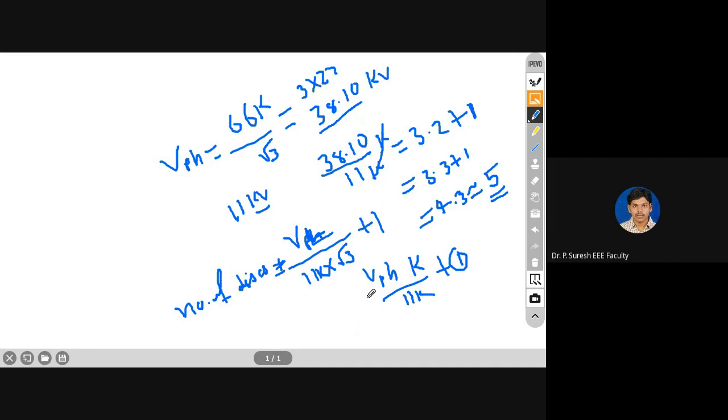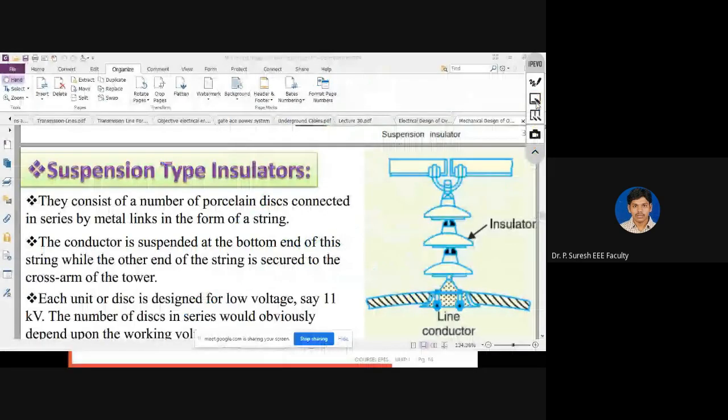Is it okay for all? Okay. So like that, we can select the number of discs in a string type insulator. Generally, string type insulators are used in which type of system, transmission or distribution?